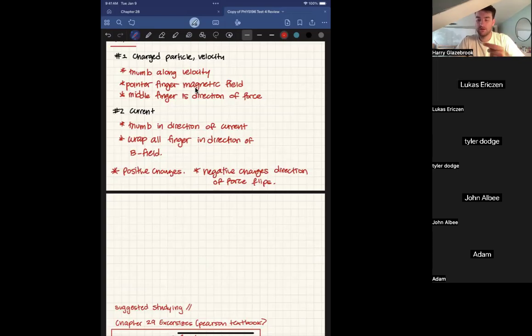It's pointing like that if it's a positive charge, and if it's a negative charge, you just do this, but then the force is pointing the opposite way. That's all. These are the only 2 rules you have to worry about, I'm going to say with confidence.